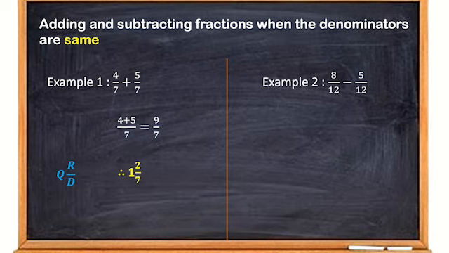In example 2, we have 8 over 12 minus 5 over 12, and we know that the denominators are the same, so we just have to subtract the numerators, and 8 minus 5 equals 3, and the new fraction formed is 3 over 12. And when you simplify 3 over 12, the fraction formed is 1 over 4.